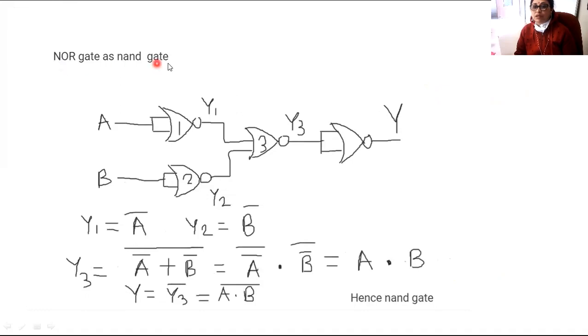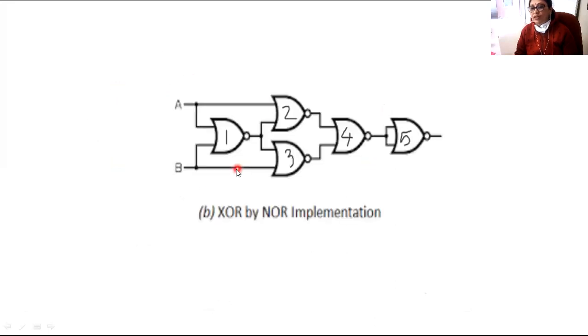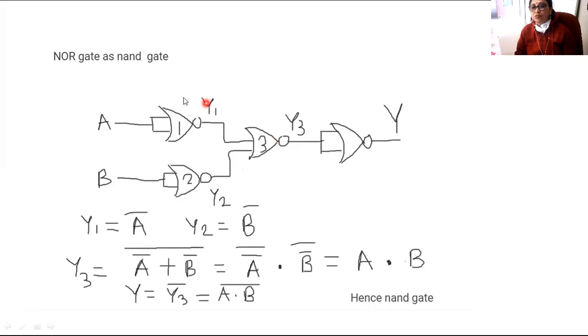NOR gate as NAND gate. आता NOR gate as AND gate आपण ऑलरेडी शिकलोय. So in order to construct a NAND gate, your AND gate must be followed by a NOT gate. So that is what you have to do. So this is already your AND gate.